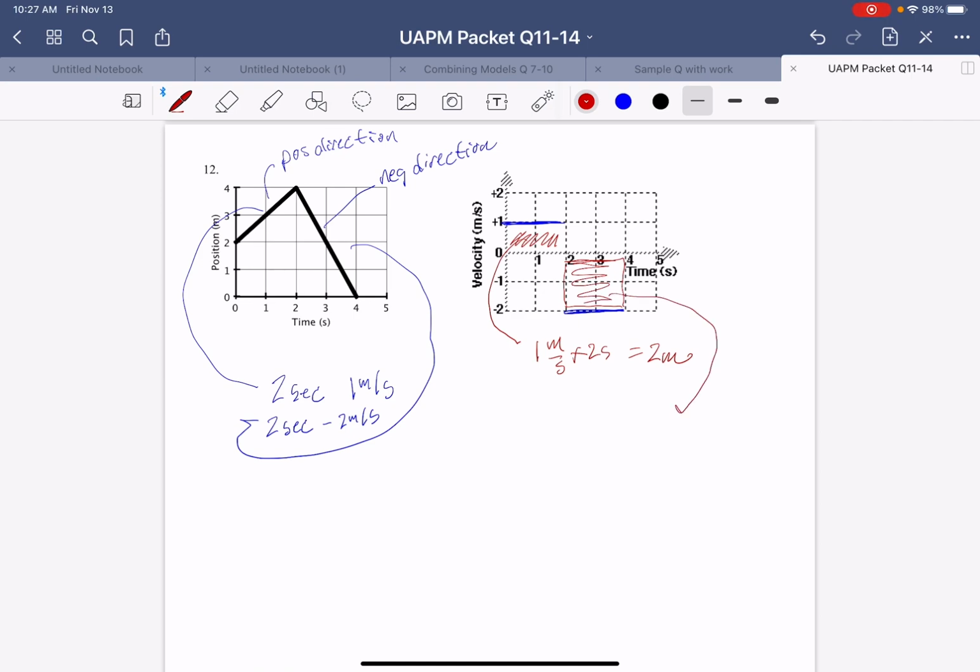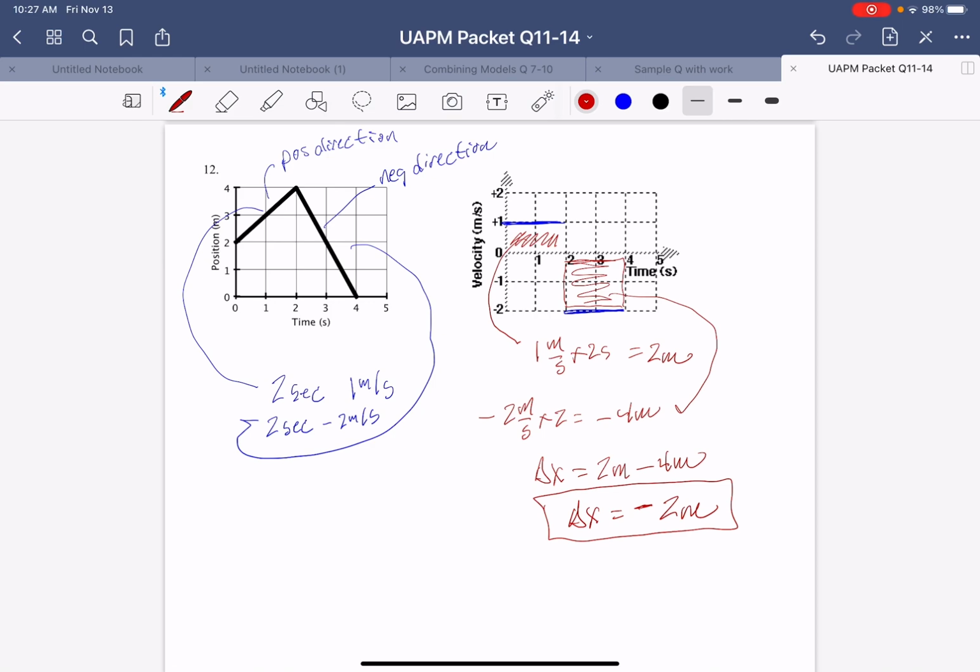So in this case, it's negative 2 meters per second times 2 seconds, or negative 4 meters. To find the displacement, I take the sum of these: 2 meters minus 4 meters, so my displacement is negative 2 meters.